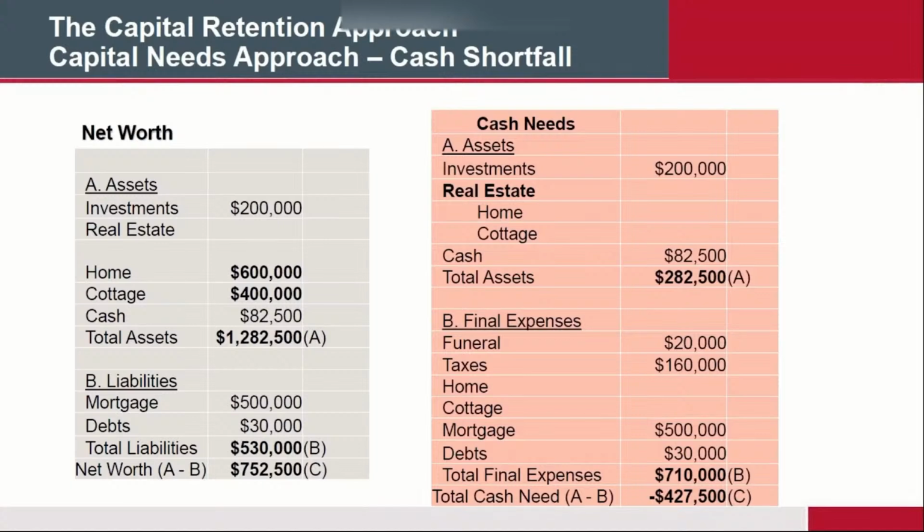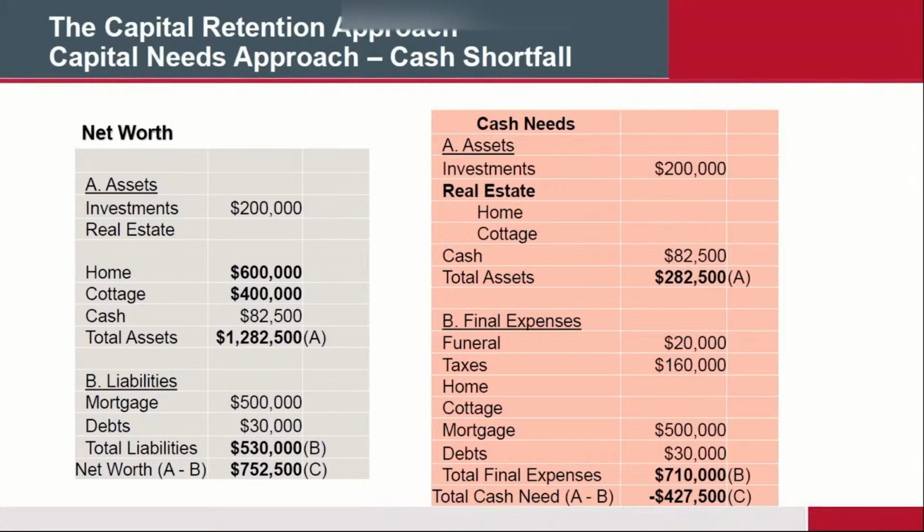Taxes of $160,000. Again, you don't want to sell the house or the cottage, but you do want to get rid of the mortgage, don't you? Yes, I do. Of course you do. $500,000. You want to get rid of your debts? Yes, I do. $30,000. In other words, you want to leave your family with no expenses. So your final expenses upon dying are $710,000.